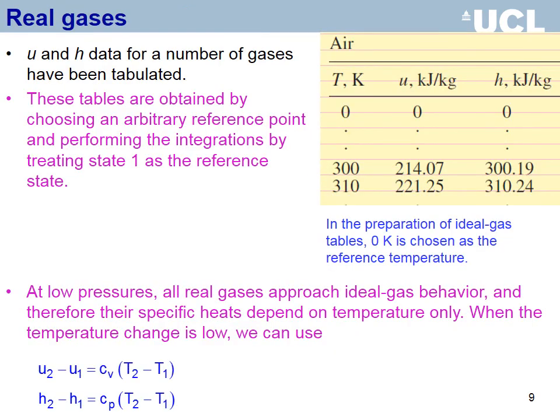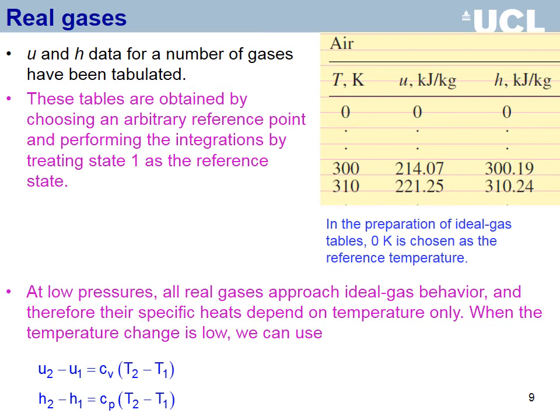Okay, so for real gases, life is not that simple, right? For real gases, we can't simply write U and H as simply related to Cp and Cv.